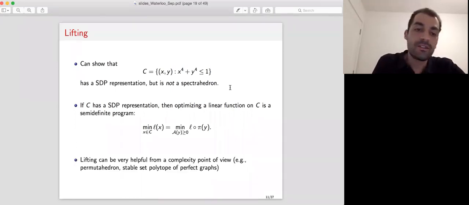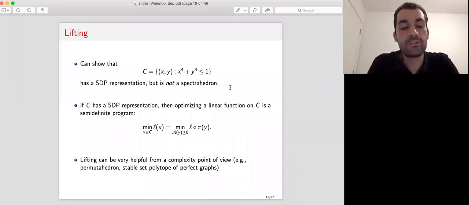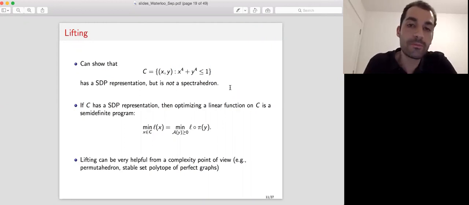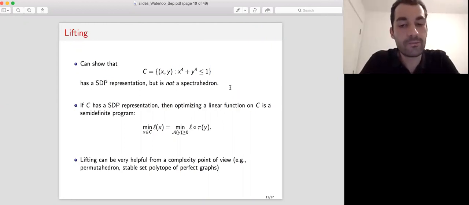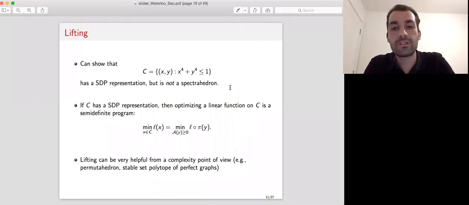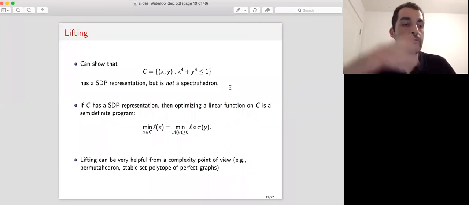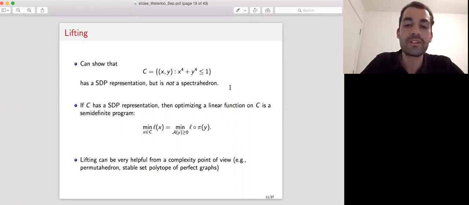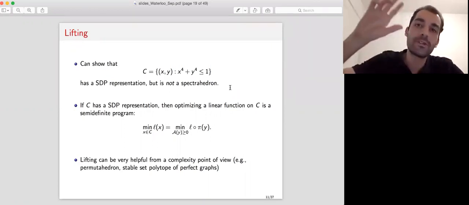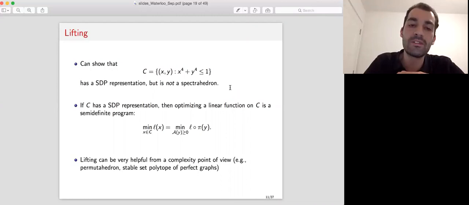I won't really talk a lot about the lifting aspect from the complexity point of view, but I've given here one example where lifting is important from the point of view of the existence of a semi-definite representation, with this L4 ball example. But you can also show that there are examples of convex sets where, if you do not allow for lifting, the complexity is very high, and going to a higher dimensional space allows you to reduce the complexity significantly.